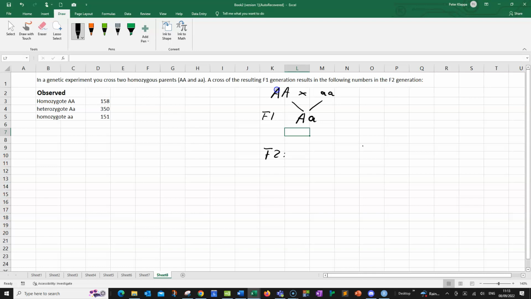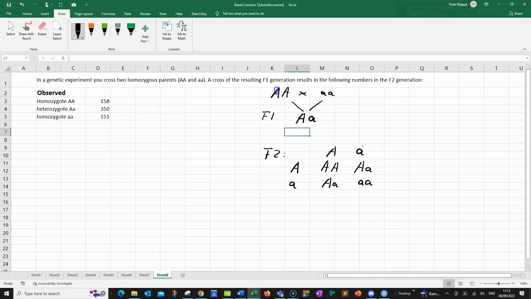So for the F2 generation, we will get the following pattern if we cross that. So we have uppercase uppercase, uppercase lowercase, uppercase lowercase, and two lowercase here.